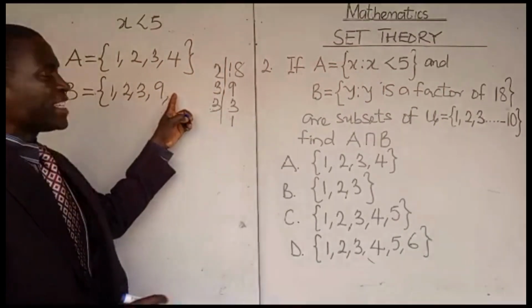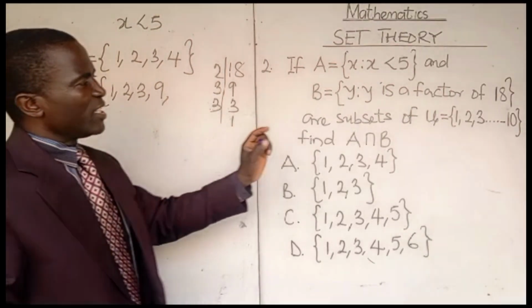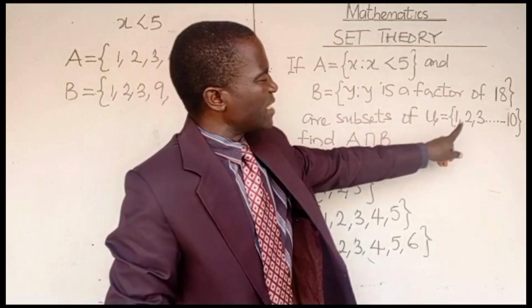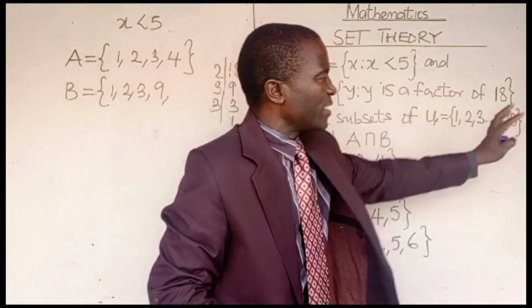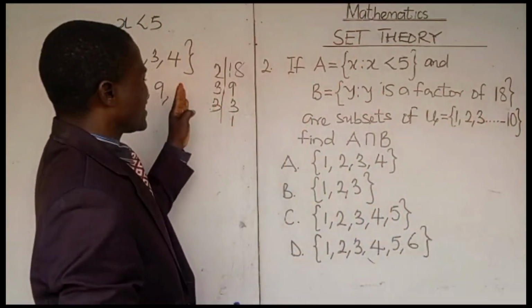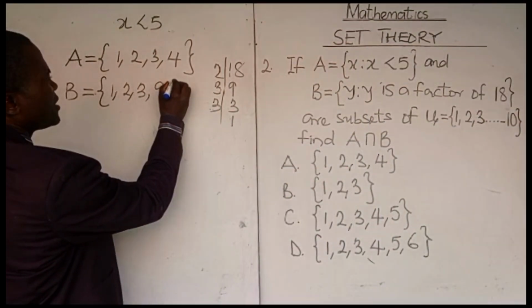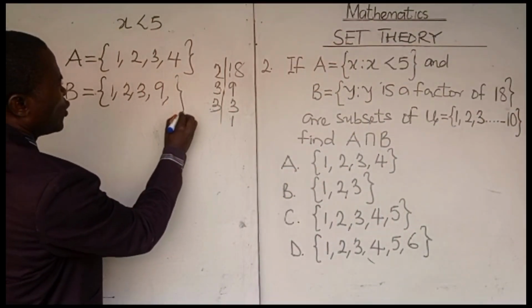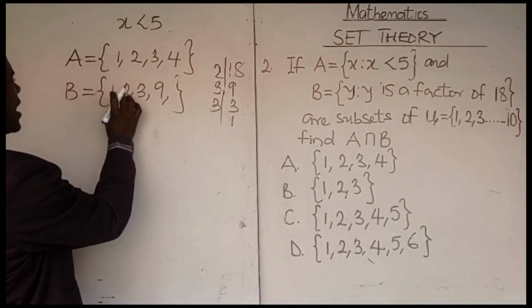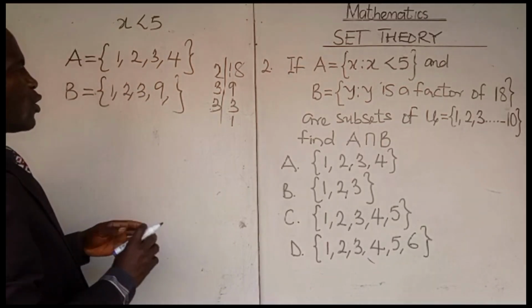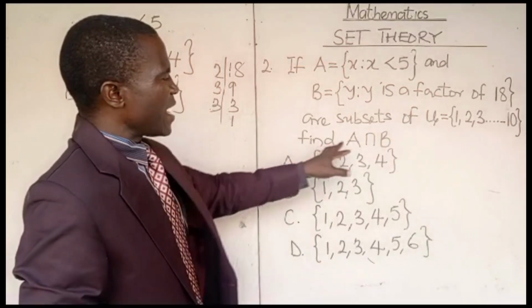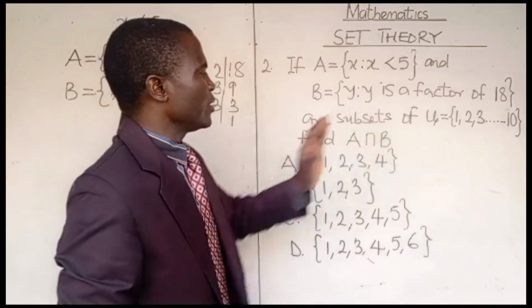We could have included 18, but because this universal set says 1 to 10, 18 is cut off by the universal set. So we're going to limit the figures to this. These are subset B. So the question says find A intersection B.